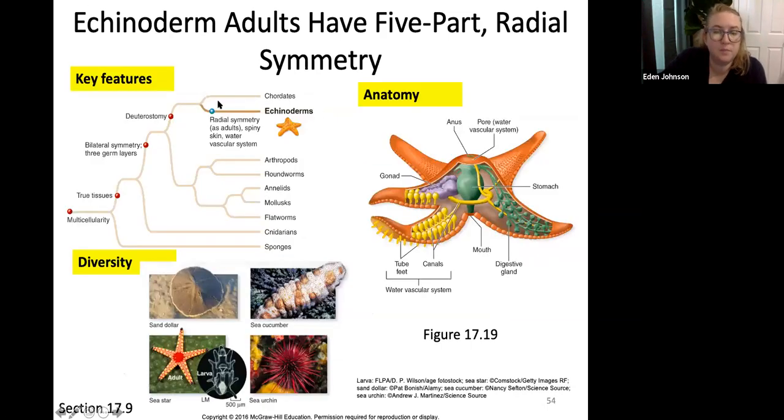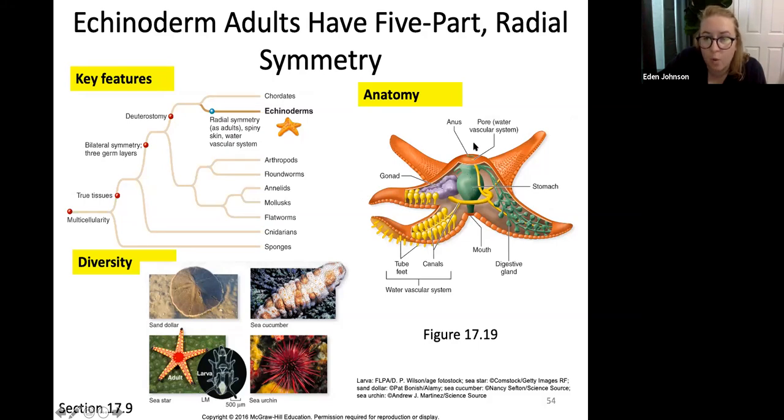So radial symmetry as adults, spiny skin, and a water vascular system. Basically, water comes into these canals and pumps nutrients throughout this organism's body.